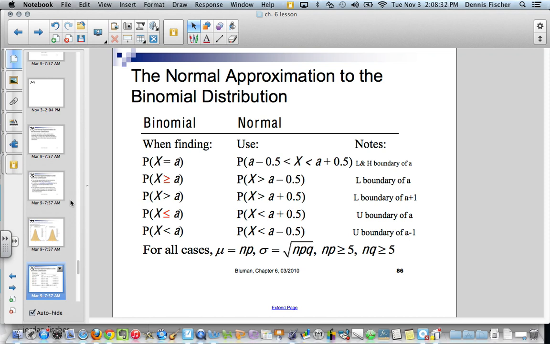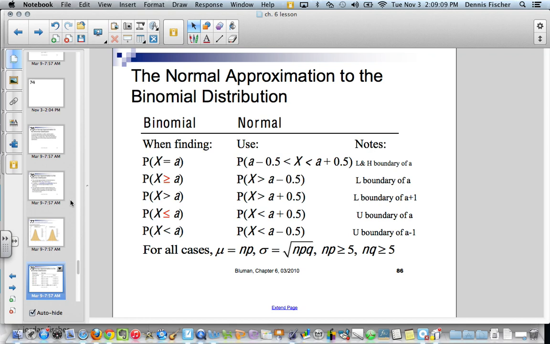What we're going to do is look up half a unit on both sides of it. So if it's equal to 1, we're going to look a little bit on this side and a little bit on this side. So we're going to look from 0.95 to 1.05. Why? Because if we had any of those values and rounded, they'd round to 1, right? Or between those two values. So we're going to look at those correction factors as we go through.